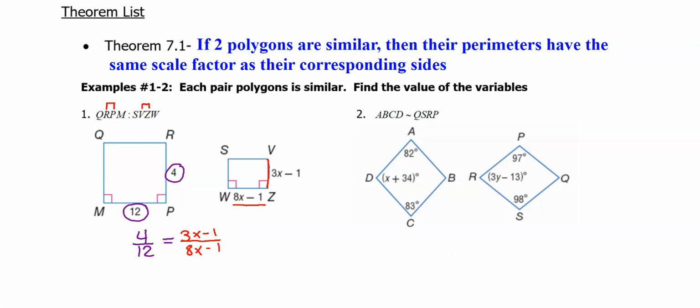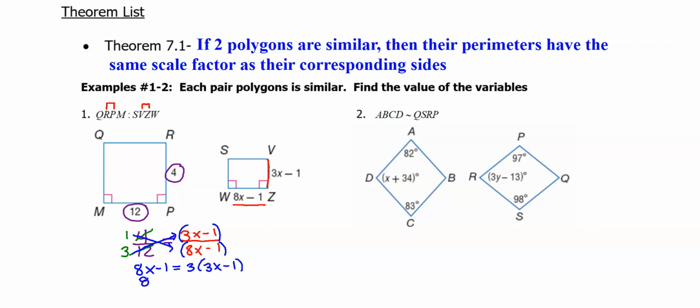Now I'm going to cross multiply, but if you want to reduce before you go, you can also do that. So I'm going to reduce just so I can work with smaller numbers. When I cross multiply, I'm going to say 1 times this lower parentheses will be 8x minus 1, it won't change, and then 3 times this top parentheses is going to be written like this at first, and then I'm going to distribute.